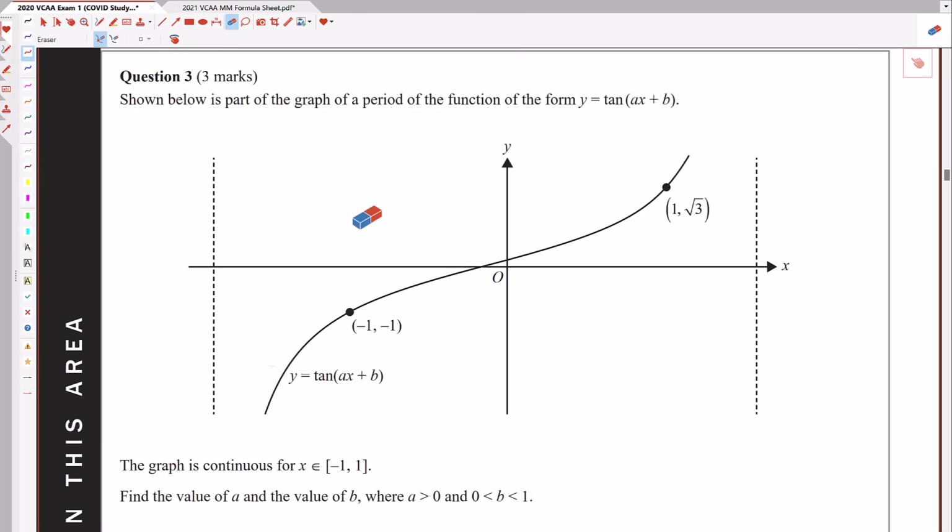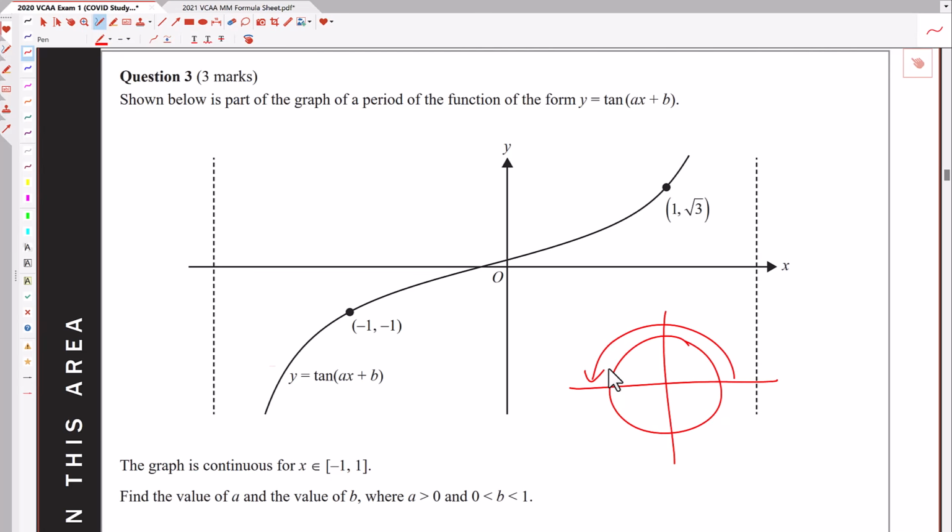But also what we want to think about is we're really still just looking at one period of the tan graph. If we think about our unit circle, we can see one period of tan by going from 0 to pi, but that would be this bit here. So we're actually not looking at that period. We're actually looking at a period from, for example, negative pi on 2 to pi on 2, and that's where we're seeing this bit here and this bit back here.